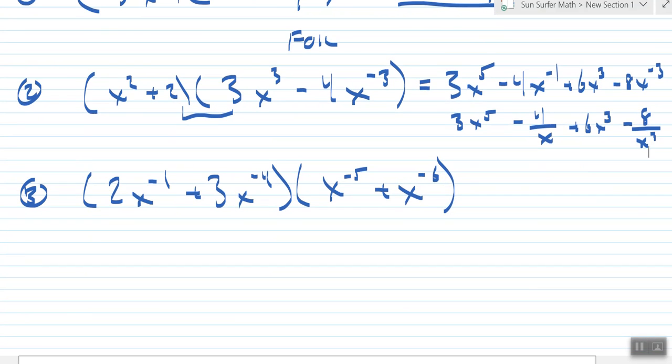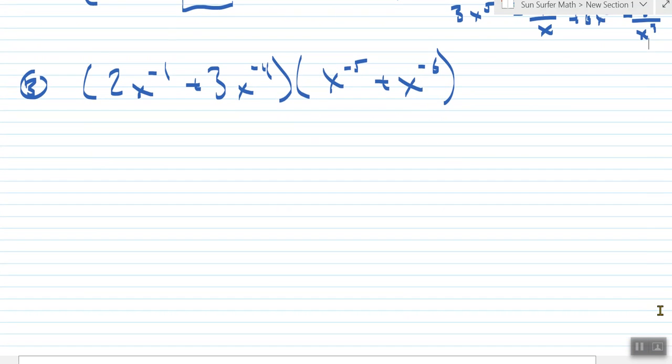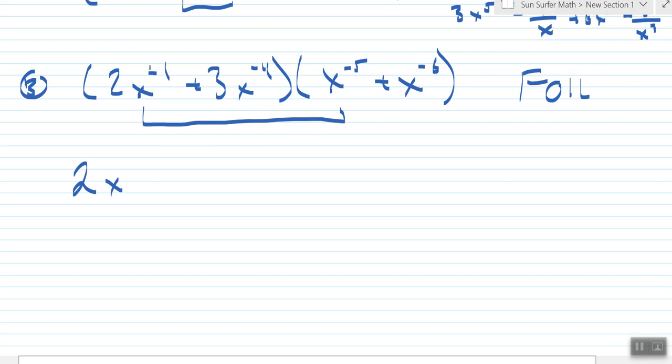And then finally, the last one, lots of negative exponents. We're multiplying two binomials, so we can use the FOIL method: first, outside, inside, last. So multiplying these two, the first term in each, we have 2x, negative 1 plus a negative 5 is a negative 6. The outside terms, we will also have a 2.